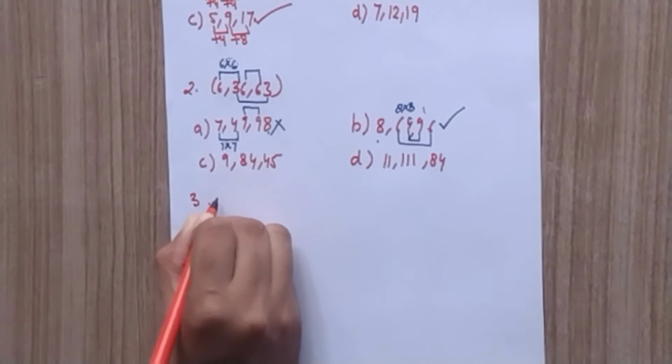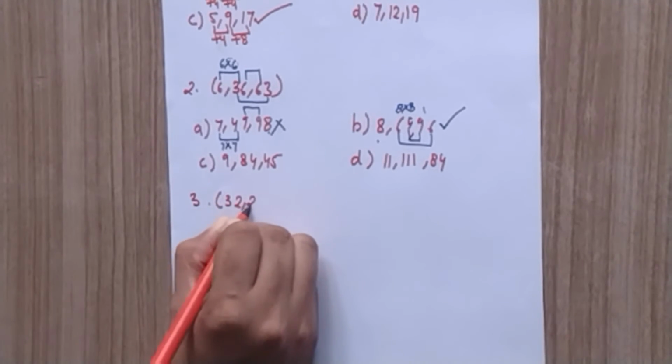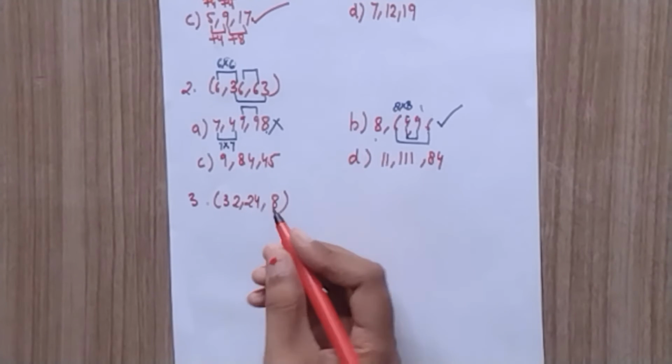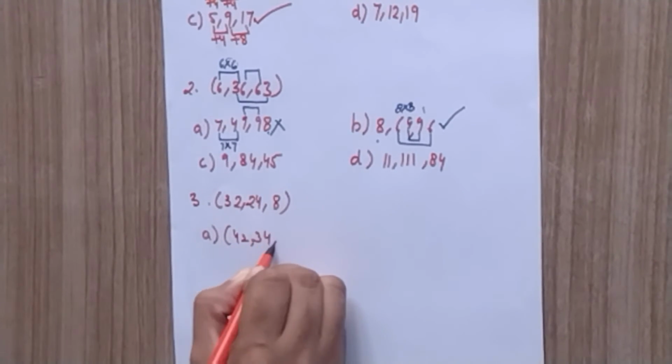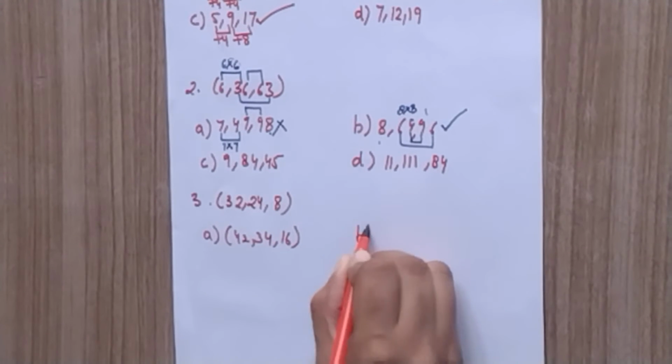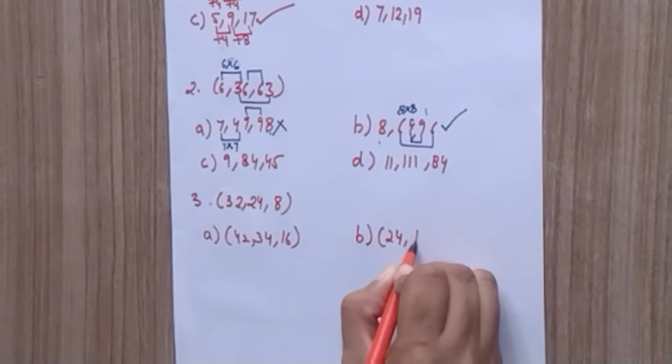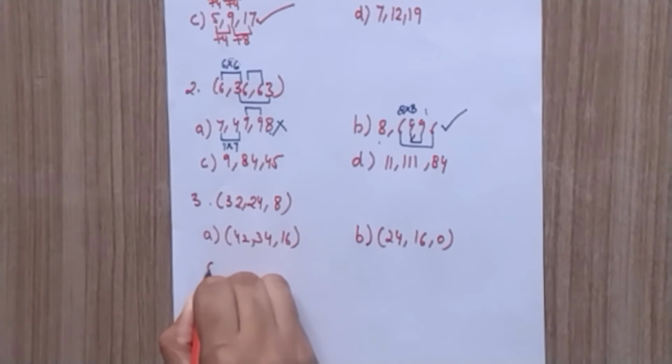Let's move on to the next question, question number 3. That is 32, 24, 8, and the options are A: 42, 34, 16; B: 24, 16, 0; C: 34, 24, 14; D: 26, 32, 42.